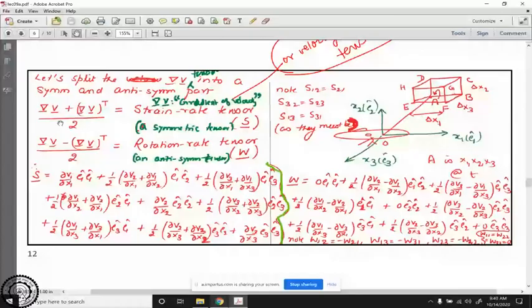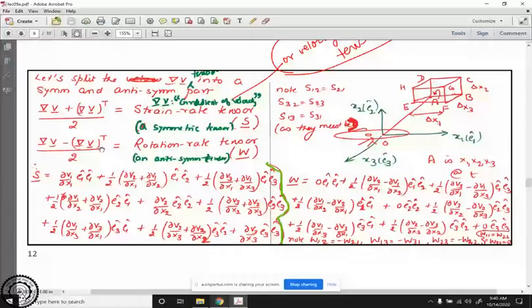I mentioned in lecture 3, while talking about tensors, that given a second order tensor, you can always create a symmetric tensor out of it by adding its transpose to itself and dividing by 2. We can always get an anti-symmetric tensor by subtracting the transpose from the original second order tensor. In this case, the second order tensor is the velocity gradient.